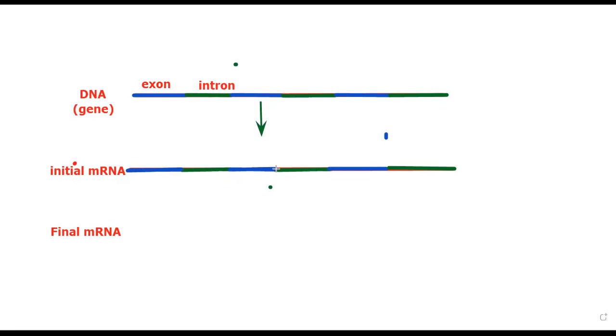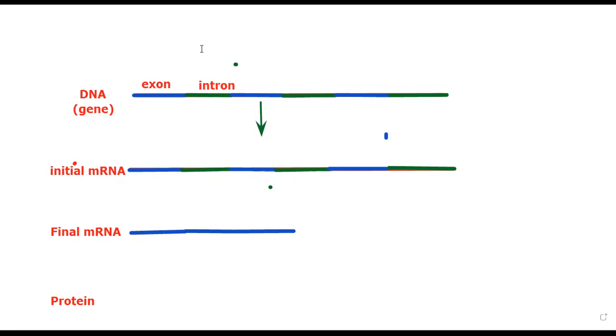This is another exon. This is another exon. These exons will be taken and joined together, understood? And it will form the final mRNA. Using the final mRNA only, the protein is produced.